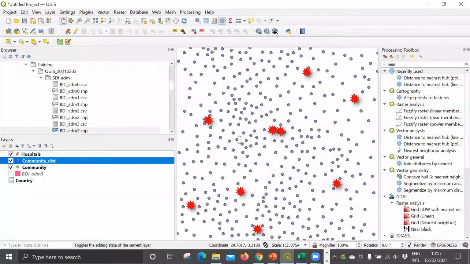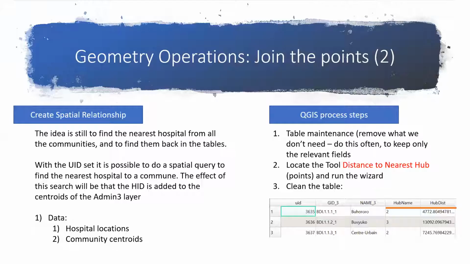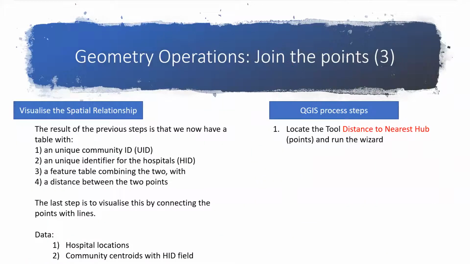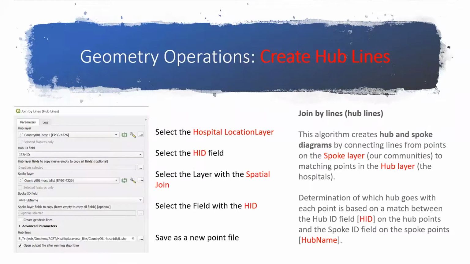We also want to have those lines. So that's the last step. That's the spatial join. We just did that, and this is the last part, like how we're going to visualize the relationship. And again, we have a tool, distance to nearest hub, and again we have a wizard that is guiding us through the whole process of how that looks like.